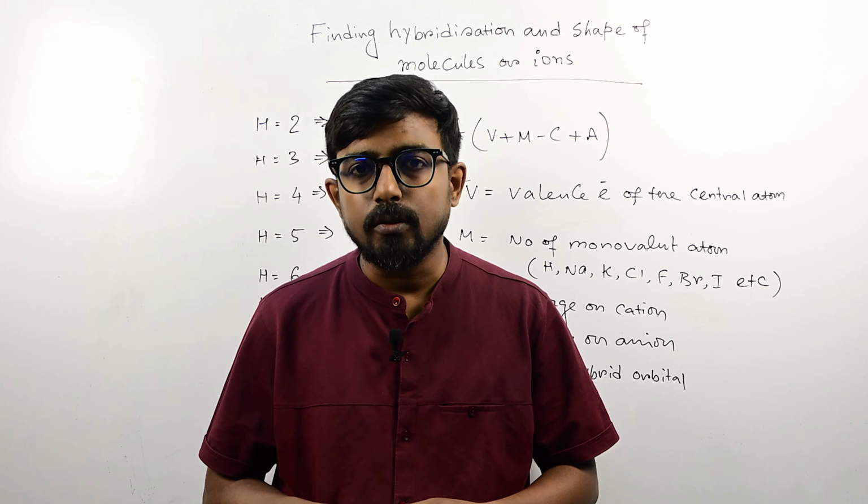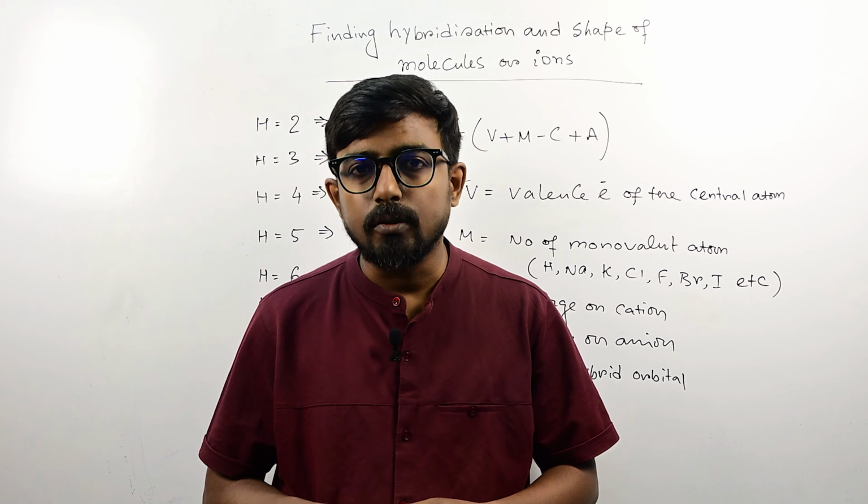So we can easily predict the shape of this molecule, that is V-shaped, and for ammonia it is a pyramidal shape, because we are not counting the lone pair when we are making the shape.